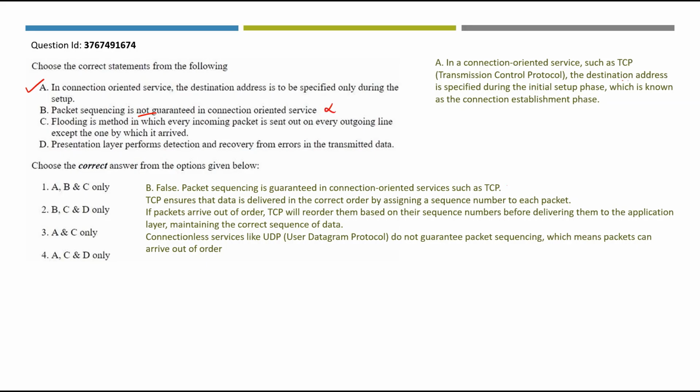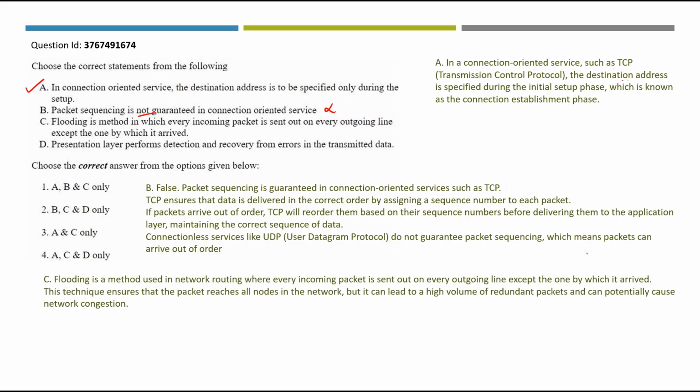What about C? Flooding is a method in which every incoming packet is sent out on every outgoing line except the one by which it arrived. Say for example, there are many network lines. If this line is going to bring you the incoming packet, except this line, it will send to every other outgoing line is what they say.